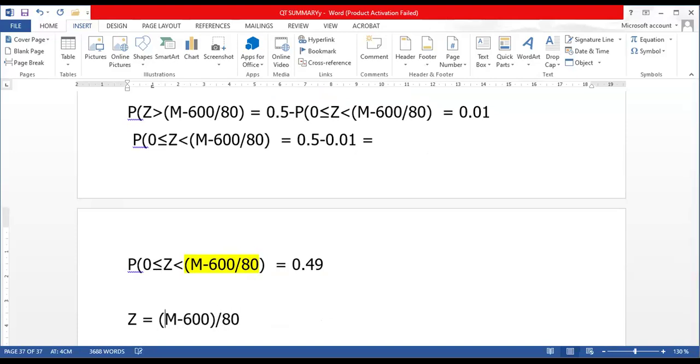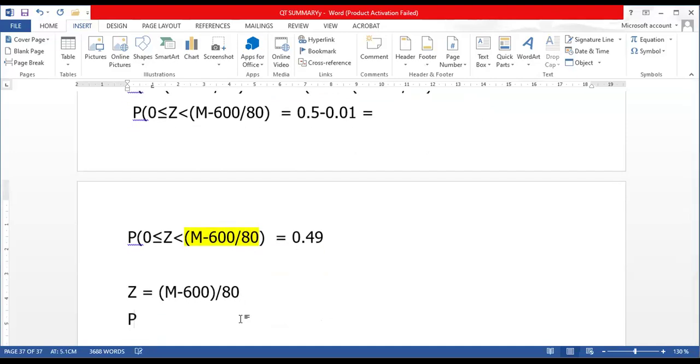We don't have it, but we know that the probability of z is equal to 0.49. Do you agree?